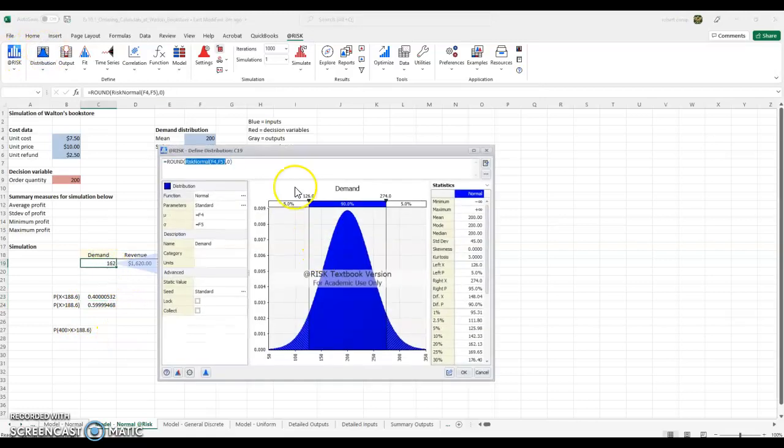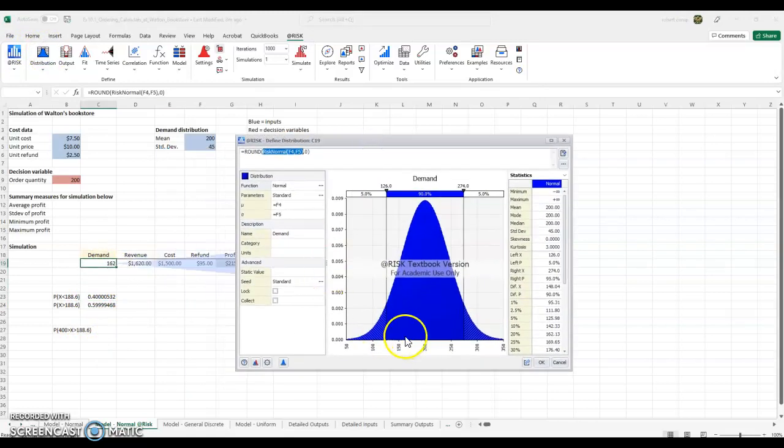So if we go back to our distribution, let's say that we wanted to find out the percentage of results that were between 188.6 and, we'd type that in, and over here we'd type in 400. That was a bad call because it's maxed out. So let's go 250. Okay, so the percentage of items that are below 188.6 right here, 40th percentile.